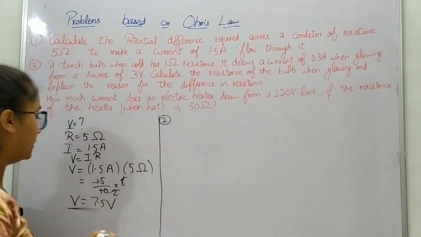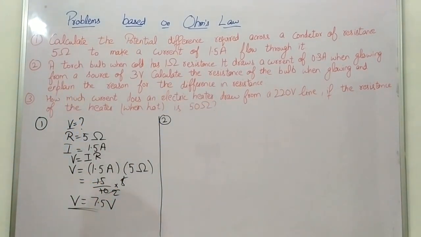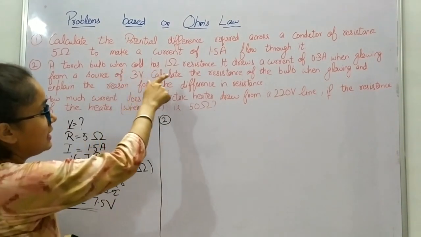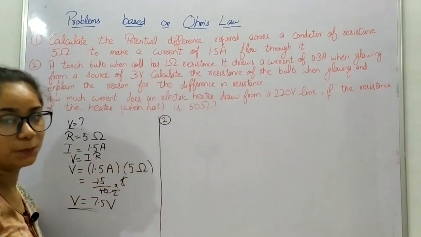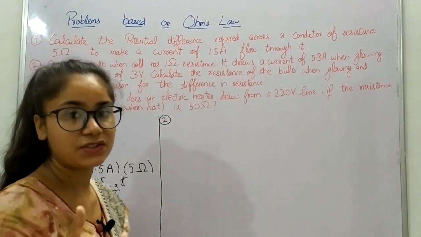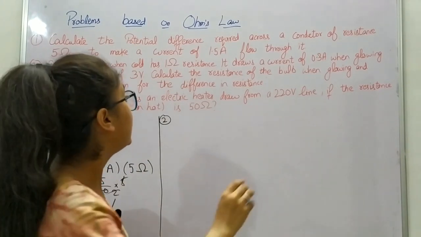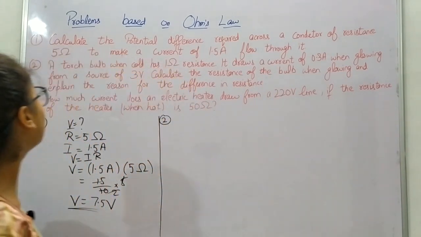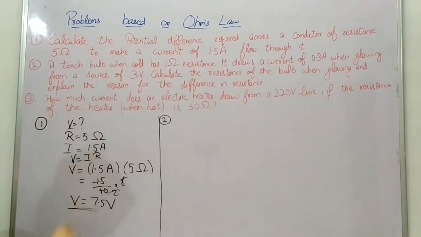In the second problem, they have asked: there's a torch bulb which, when cold, has a resistance of 1 ohm. It draws a current of 0.3 ampere when glowing from a source of 3 volt.